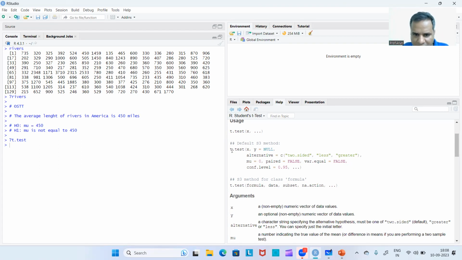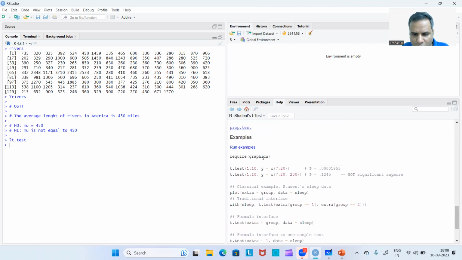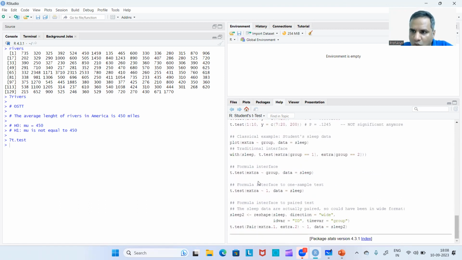This entire function is written here and you need to use it. If you go down, it is operationalized; they have given everything in detail. You can borrow the syntax and codes from here. So let me simplify the matter: t.test, data is rivers, mu equal to 450. Let me check it.